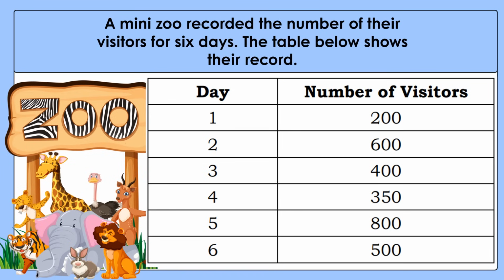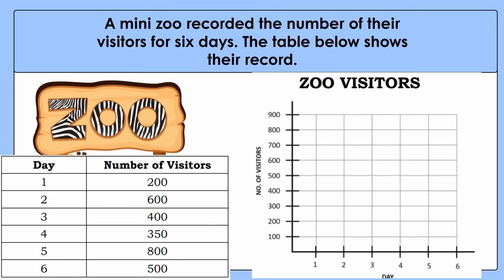Day 3, 400. Day 4, 350. Day 5, 800. And day 6, 500. Now, plot the data in this line graph.